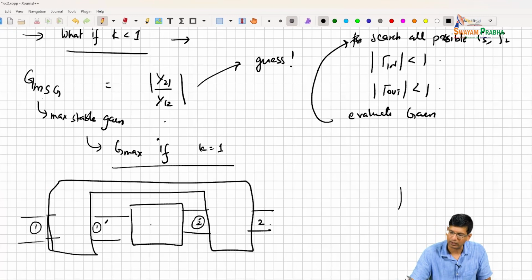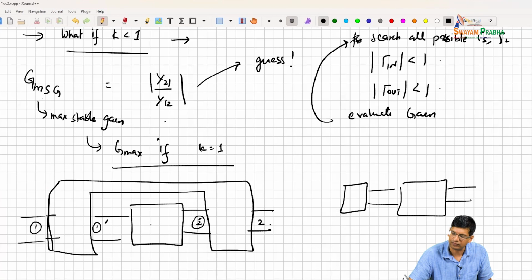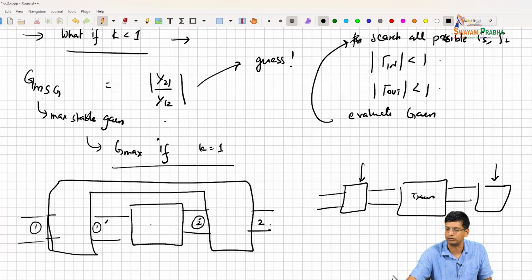Then you can say that you will get G max if you make this a conjugate match to the right optimum impedance, etc. But if you build your embedding network like a 4-port network which has feedback around your transistor, you can possibly get a gain higher than G max. That's possible.